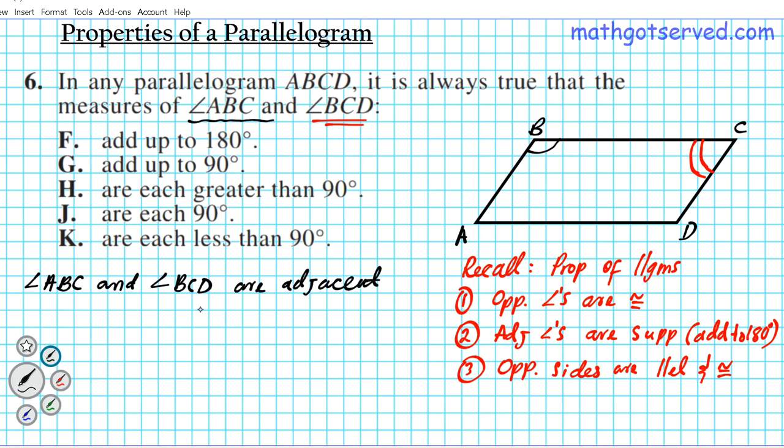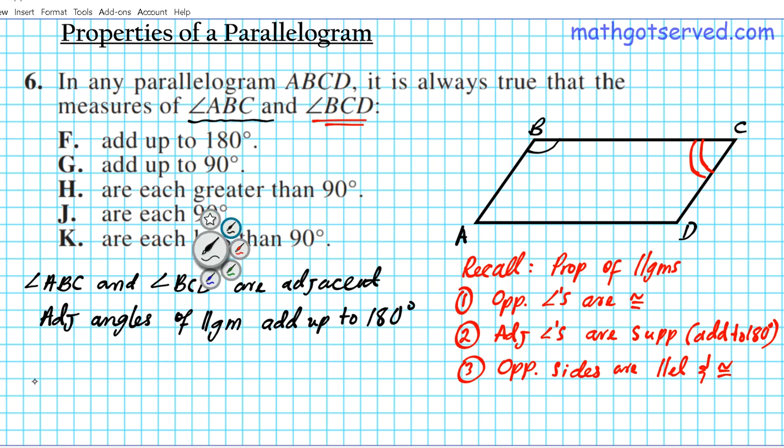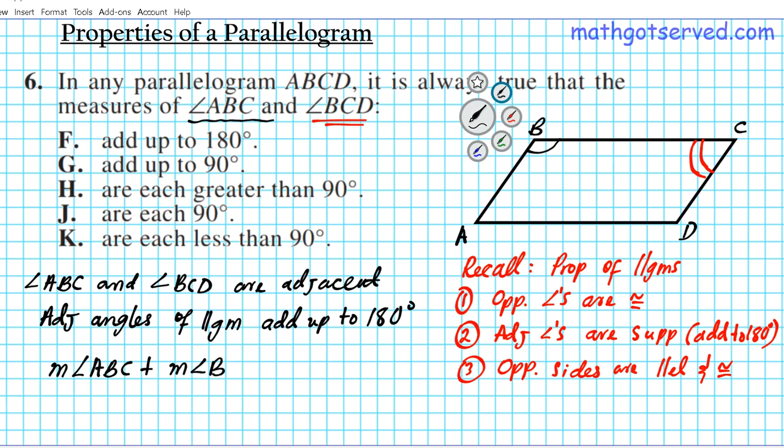All right, and then we also know that adjacent angles of a parallelogram are supplementary or add up to 180. So that automatically follows that the measure of angle ABC plus the measure of angle BCD is 180 degrees, since they're supplementary. Okay, so we can clearly see that the correct answer to question number 6 is option.